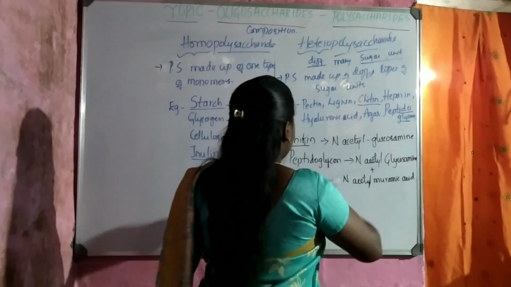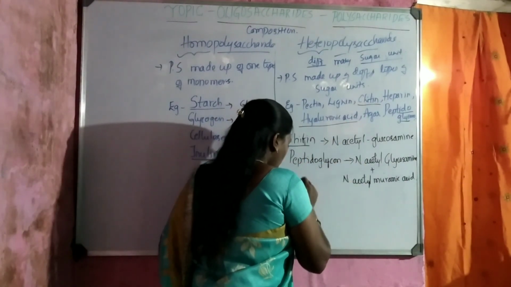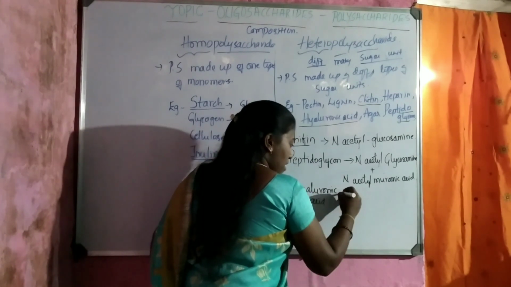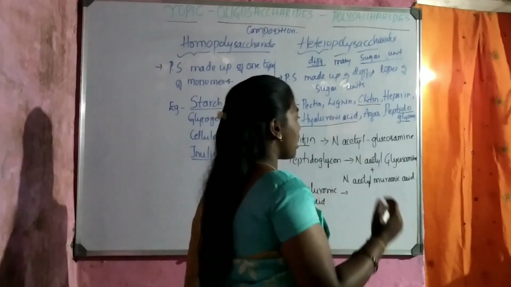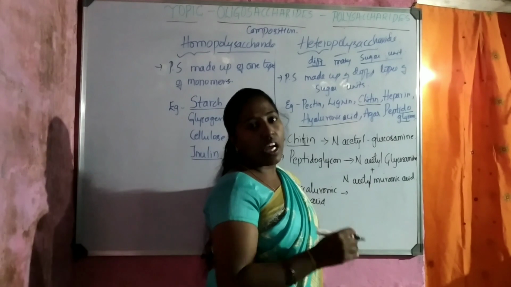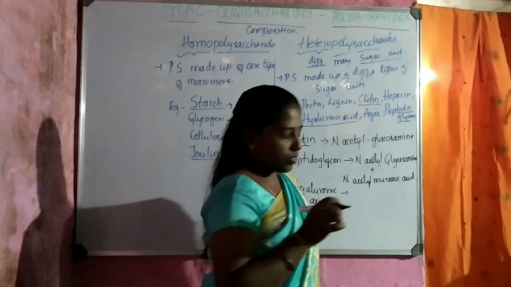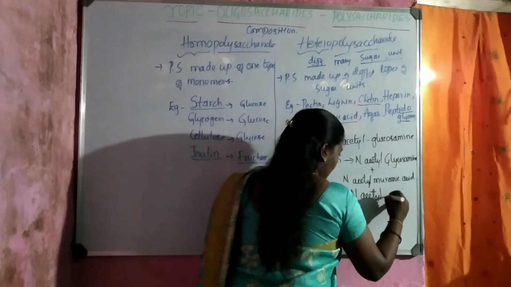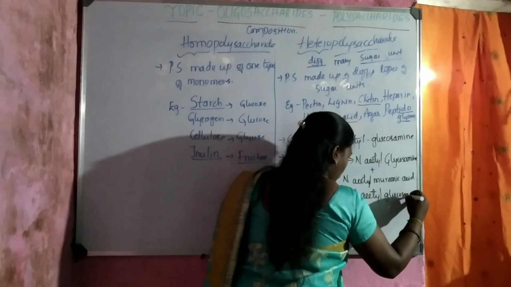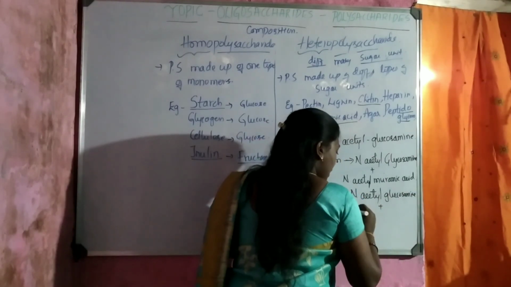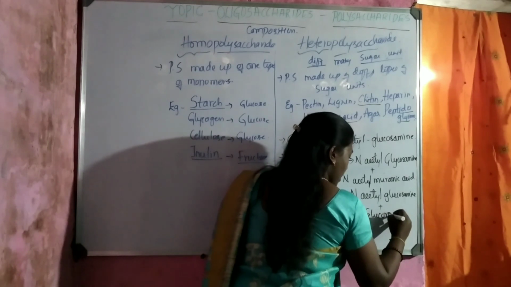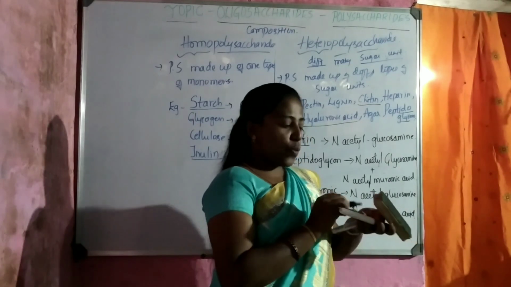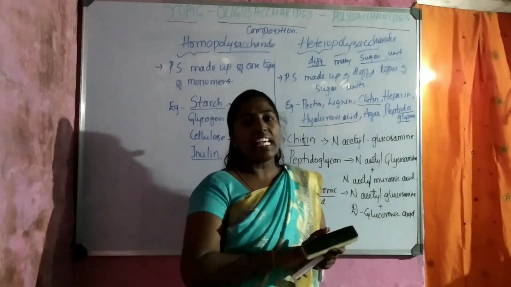Then one more example, like hyaluronic acid. In the case of hyaluronic acid, N-acetyl glucosamine is combined with D-glucuronic acid to form hyaluronic acid, which is one of the examples of heteropolysaccharide.